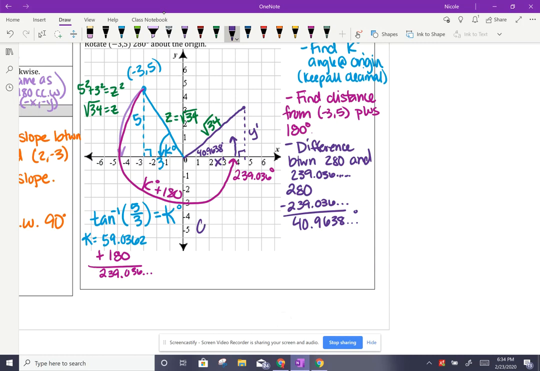So for x, we say the cosine of 40.96, use the entire decimal. I'm just not writing the whole thing out because it's going to take up so much space. Equals x over root 34. You know you need to go through and multiply and put root 34 outside the cosine.